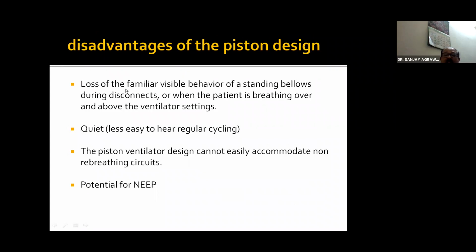So there is a loss of the familiar visible mechanism of the bellows going up and down. The piston ventilator design cannot easily accommodate non-rebreathing systems, and there is always a potential for a negative end expiratory pressure to develop in these types of piston ventilators.